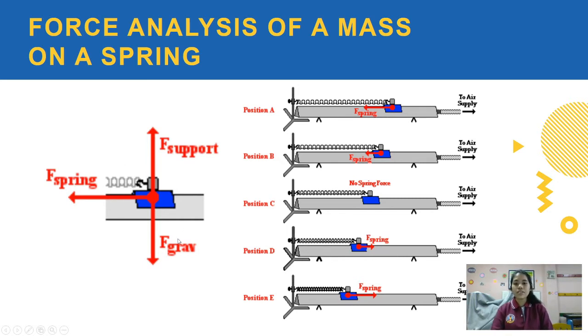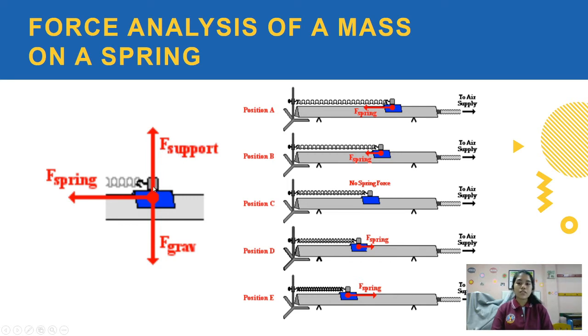The first is the force of gravity. It is a rather predictable force in terms of its magnitude and direction: the force of gravity always acts downward.